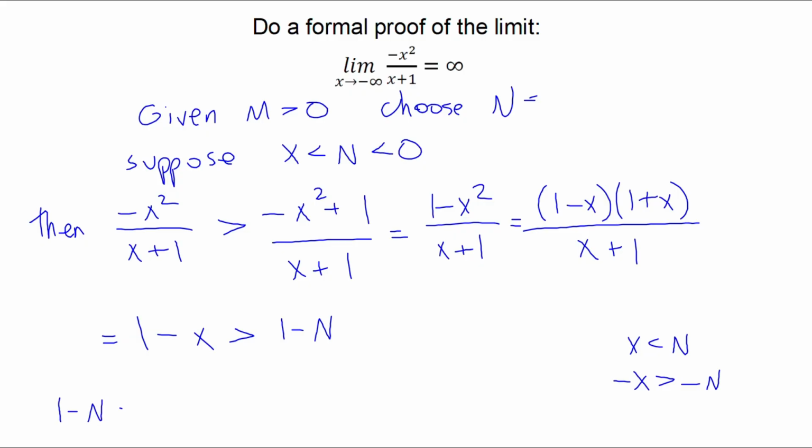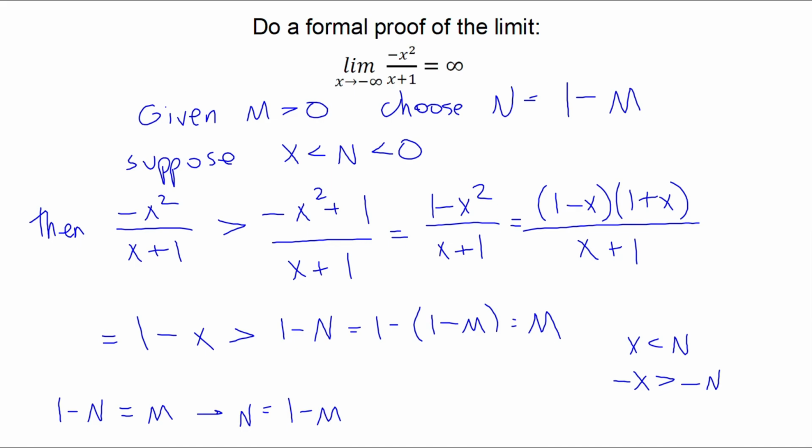We'll just let 1 minus n be our m value, which tells us that n is equal to 1 minus m. And so the n that we choose here is just 1 minus m. And that is the end of that proof, which wraps up the last problem here on our more limit proofs homework assignment.